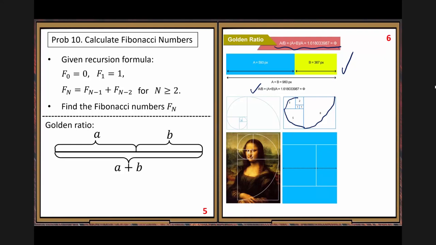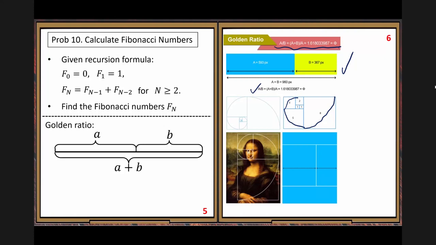So they get two line segments, one longer, one shorter: line segment A, line segment B. The lengths will be determined based on some conditions. Then put them together, you have A plus B, the longer line segment.